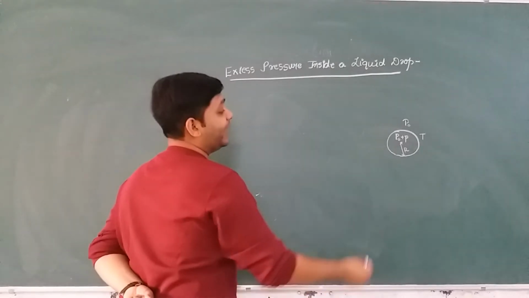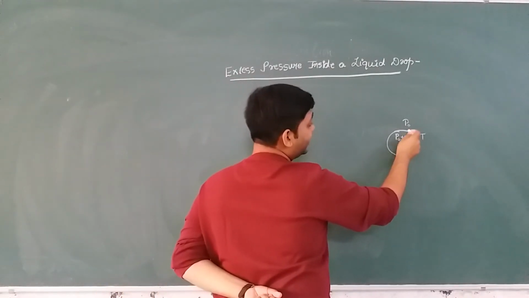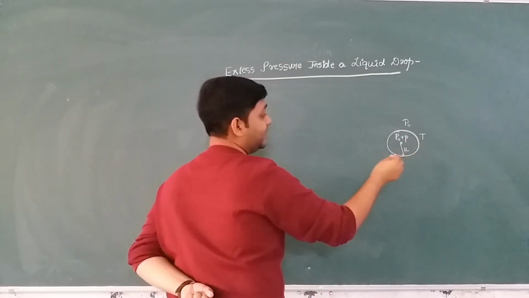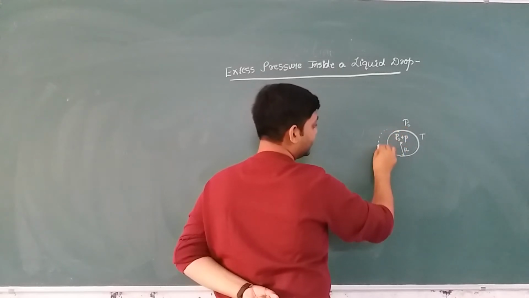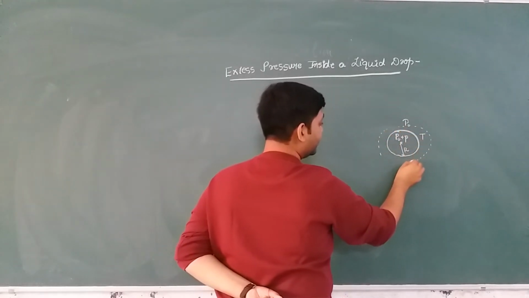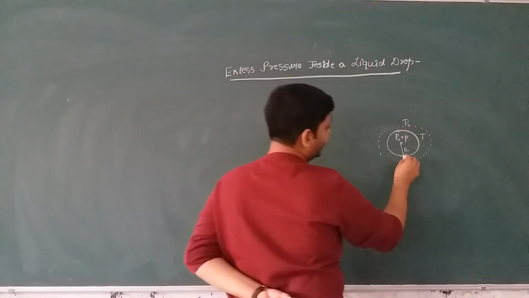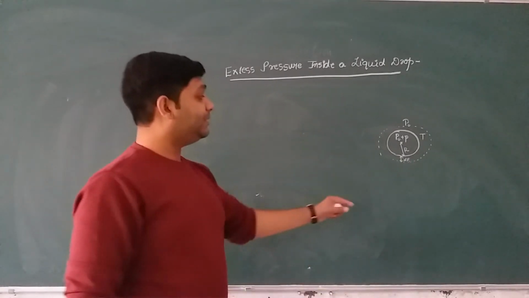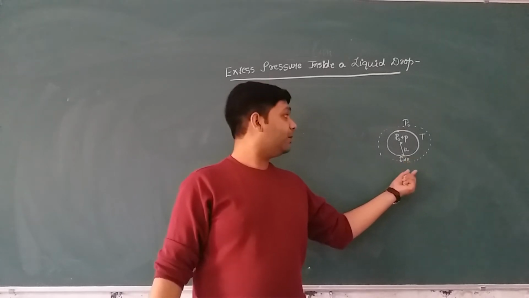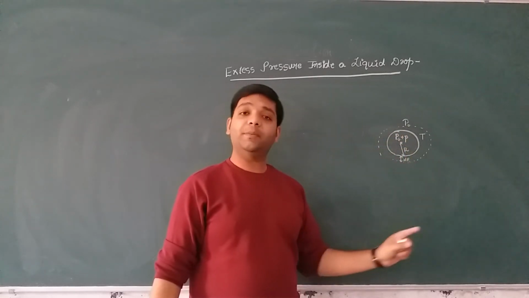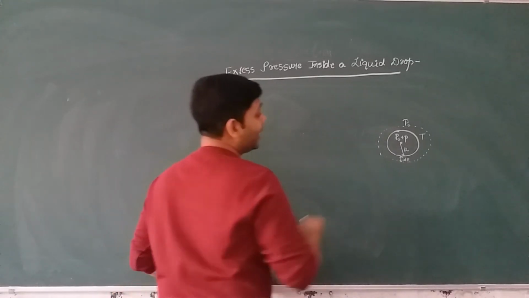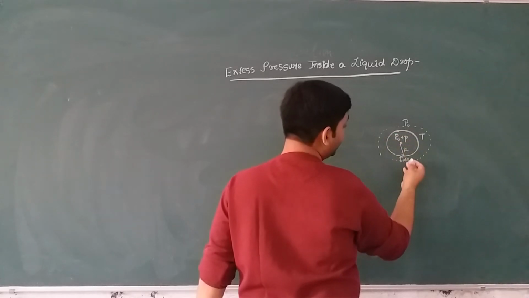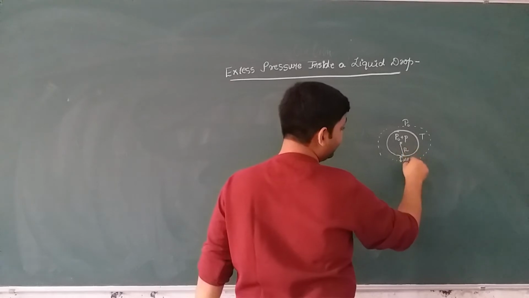Now assume that under the effect of this excess pressure, the radius of this spherical drop increases from r to r plus dr. This is the new drop, the radius has increased, and this increase dr is very small, such that the pressure inside the liquid drop remains constant. So the new radius is r plus dr.